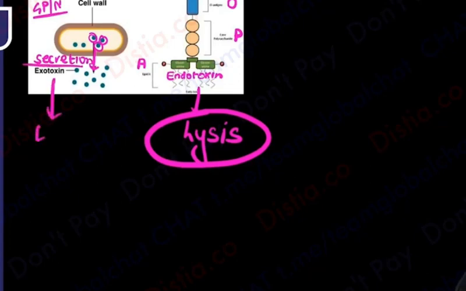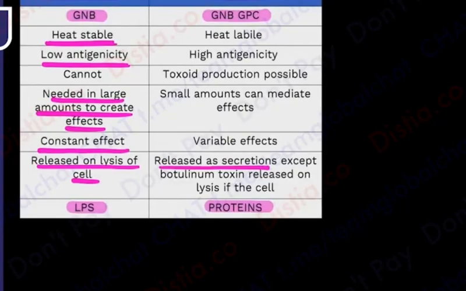It doesn't need any lysis or anything. And please note, little amounts are also going to produce a lot of effects. Why? Because it is very antigenic. It will just exit, and it is going to create a lot of effects. And every time it creates a variable amount of effect.